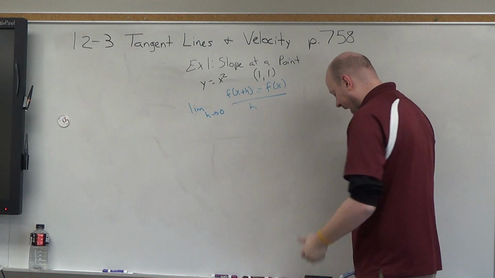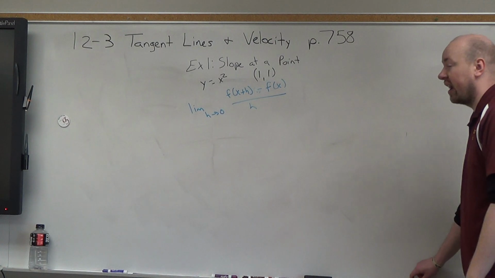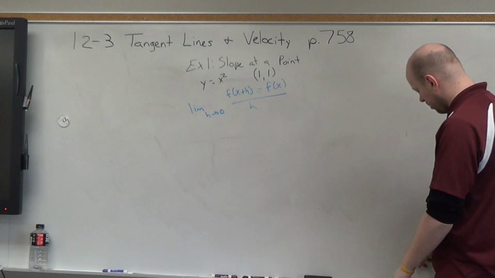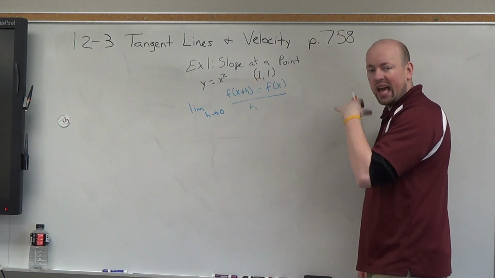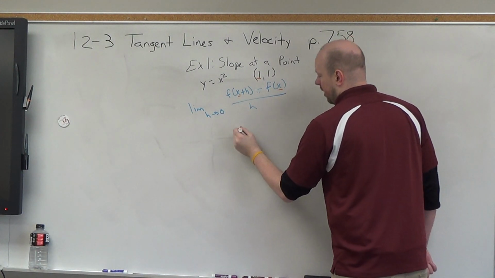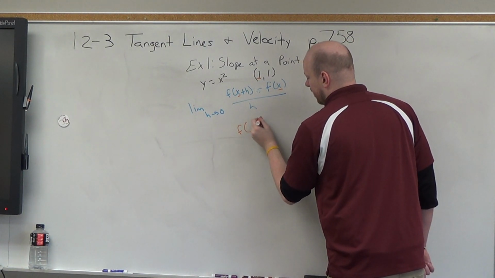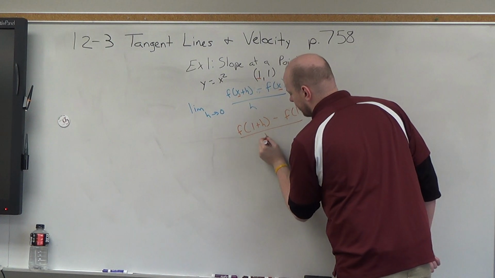Well, I don't have an h value, and I typically won't, but I do certainly have an x value. I have 1. So I can plug in a 1 everywhere I see x. So I get f of 1 plus h minus f of 1 all over h.